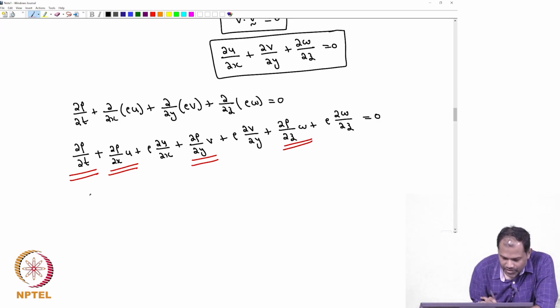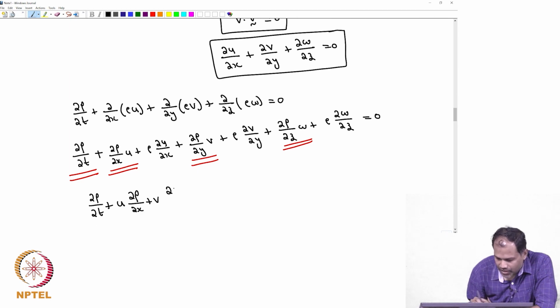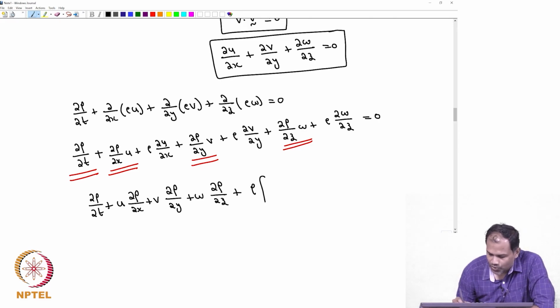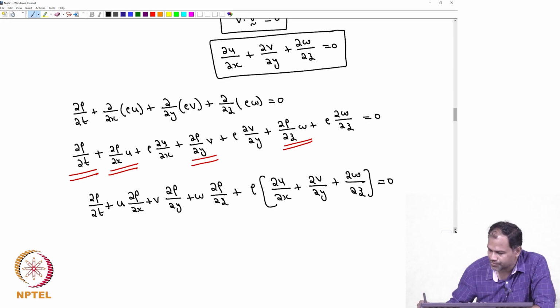So, I will write them as del rho by del t plus u del rho by del x plus v del rho by del y plus w del rho by del z, plus the other terms, rho into del u by del x plus del v by del y plus del w by del z, is equal to 0.